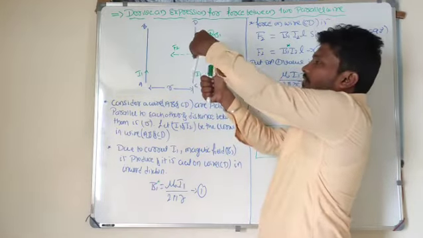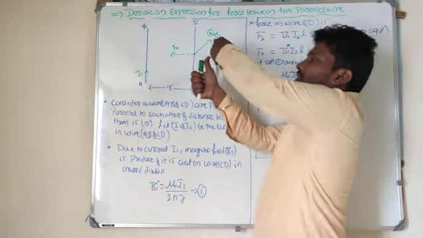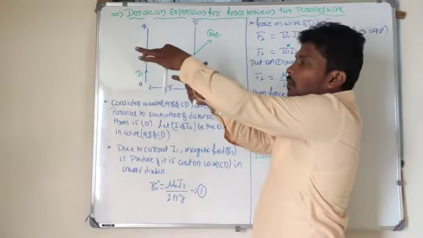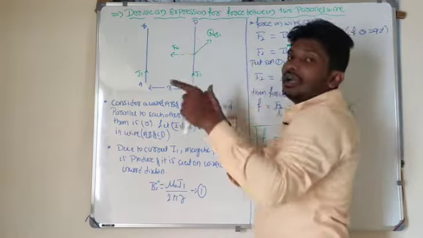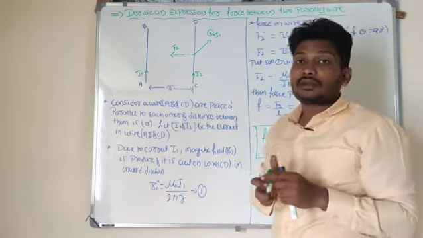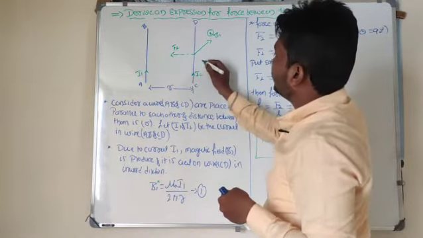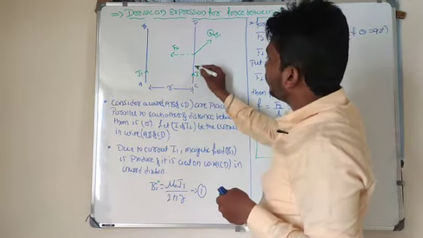In which direction is the magnetic field produced? In this direction. At this point, wire AB is there, which means the magnetic field is acting in the outward direction. This is the direction of the magnetic field here.